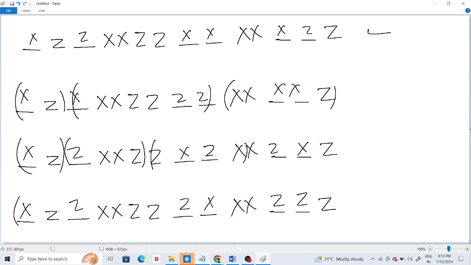Let's see the last one, X Z Z X X Z Z Z X X X Z Z Z. Can you see this? X is increasing by 1 and Z is also increasing by 1. Here Z remains constant.